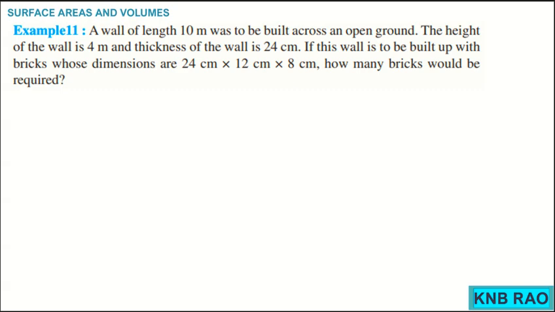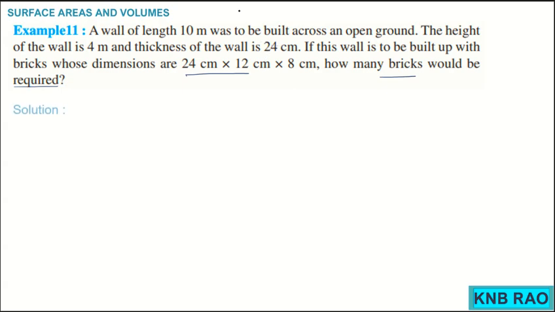If this wall is to be built up with the bricks whose dimensions are 24 centimeter by 12 centimeter by 8 centimeter, how many such bricks would be required to construct that wall?